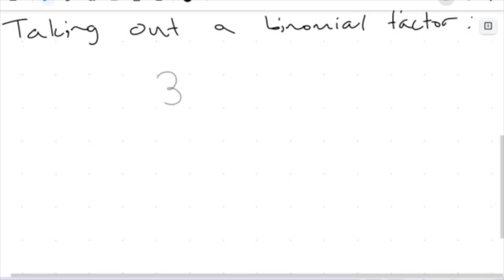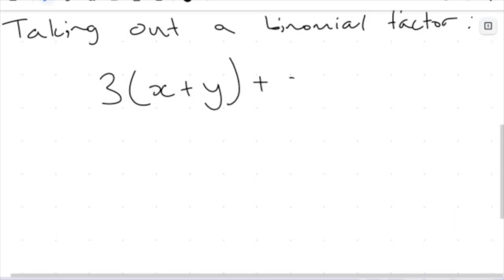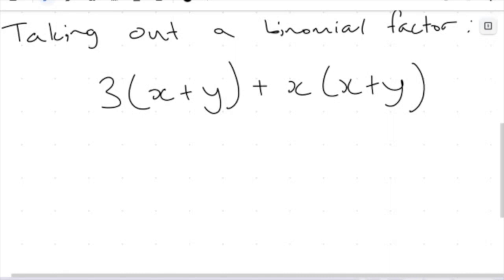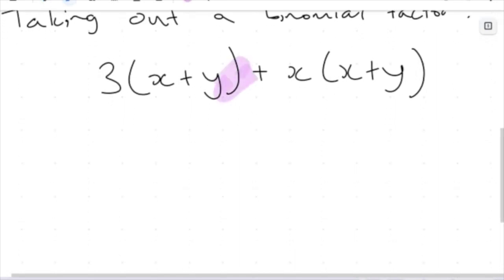Here I have 3 outside of x plus y, plus x outside of x plus y. Okay, so we want to factorize this. And this is where a lot of students get a little bit freaked out. Now, that may be you, but all I want you to think of is that both of these things here, this as well as this, are products.